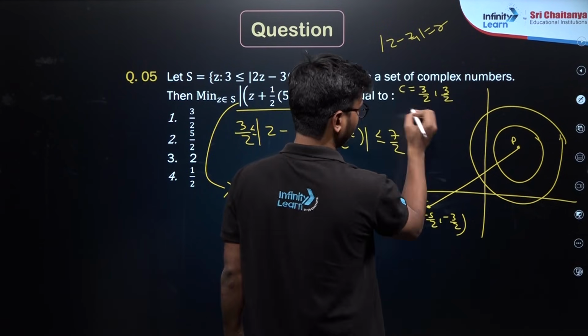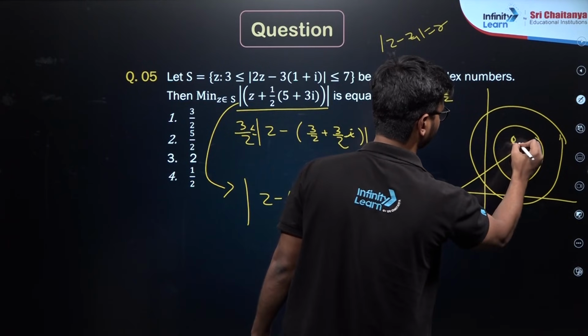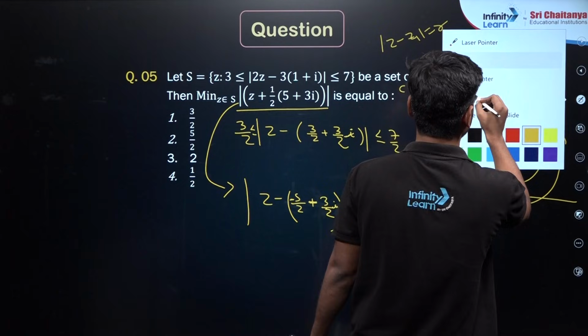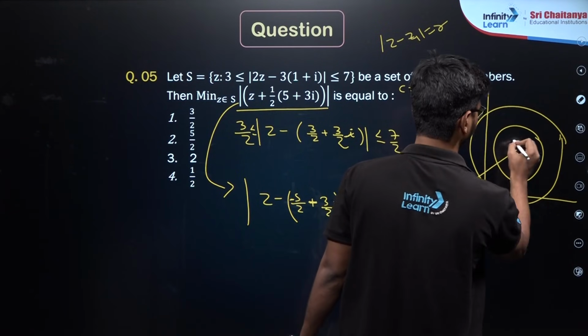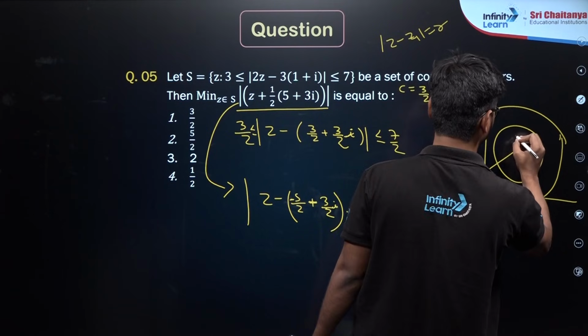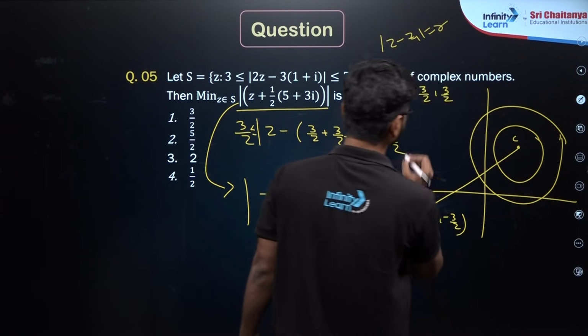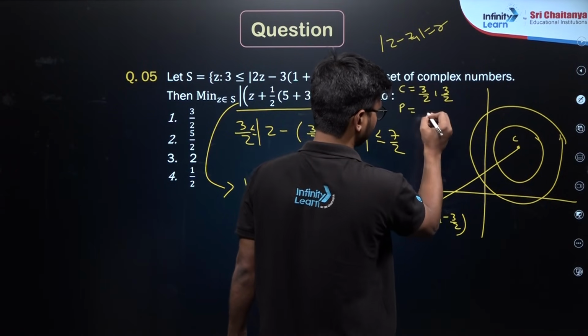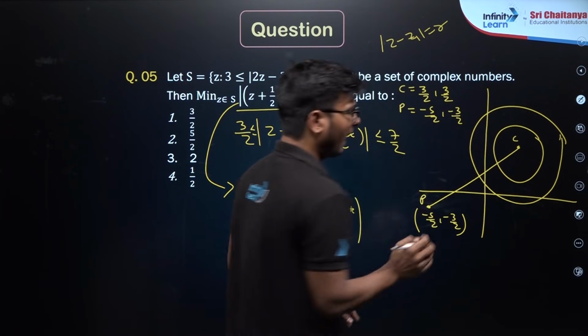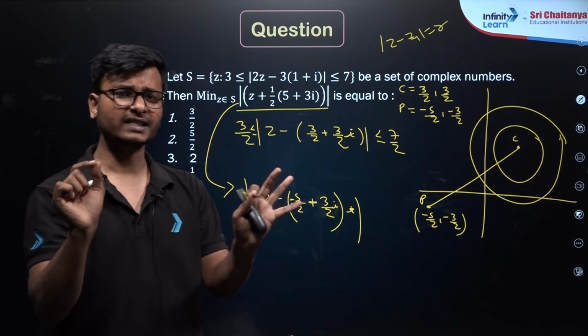So this is my center C and this is my point P. So I am having P as minus 5 by 2, minus of 3 by 2. I want the minimum distance. Can you tell me what is the minimum distance?